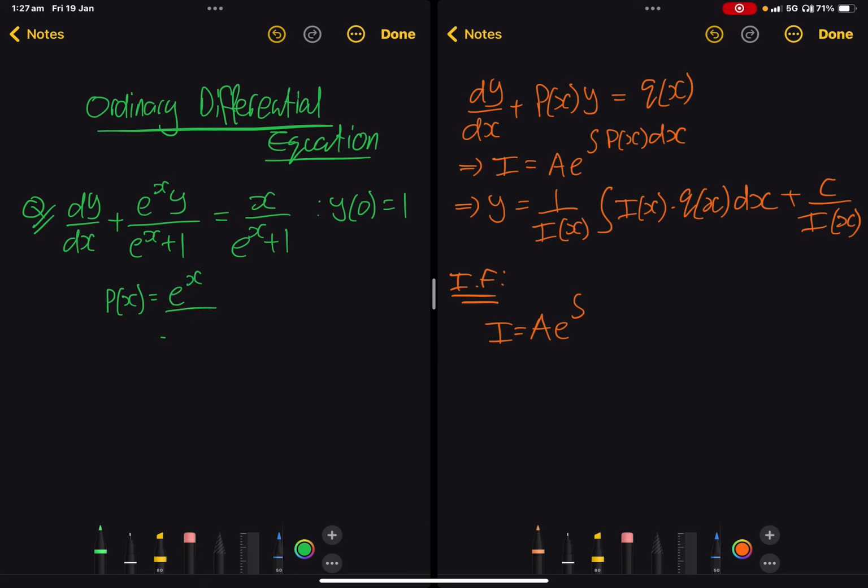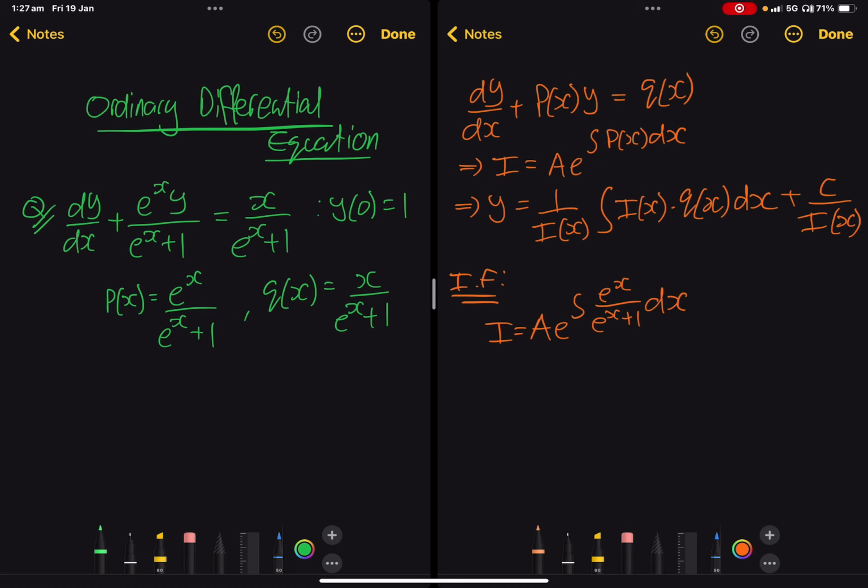This will be e to the x over e to the x plus 1. And q of x will be everything on the right hand side of the equation. So q of x will in fact be x on e to the x plus 1. So I is equal to a times e to the power of the integral of e to the x over e to the x plus 1 dx.